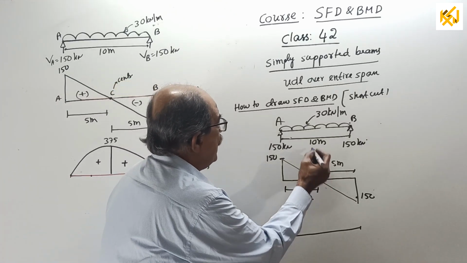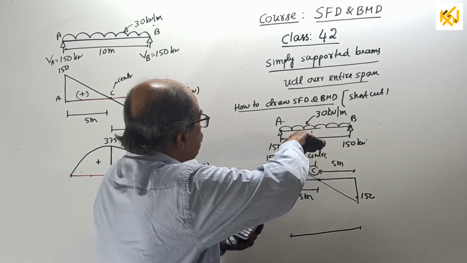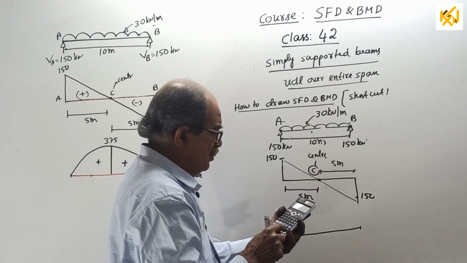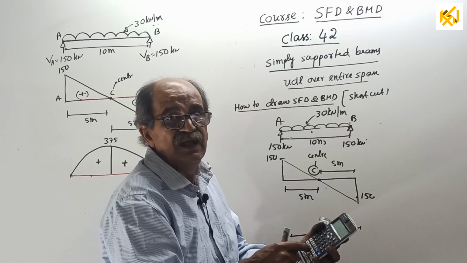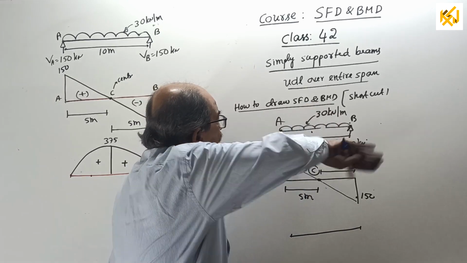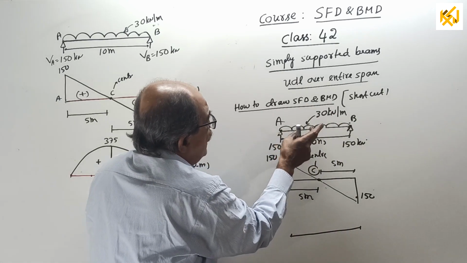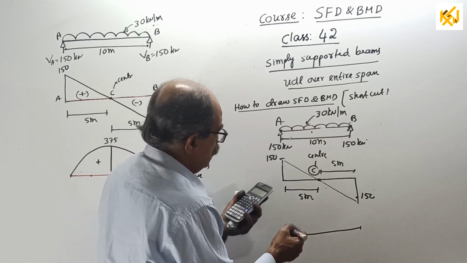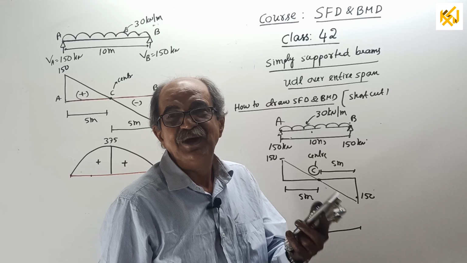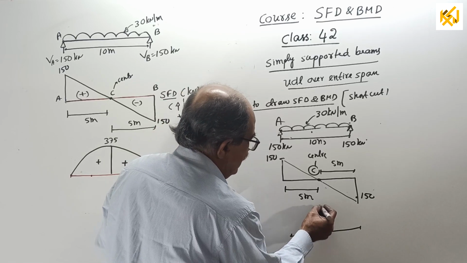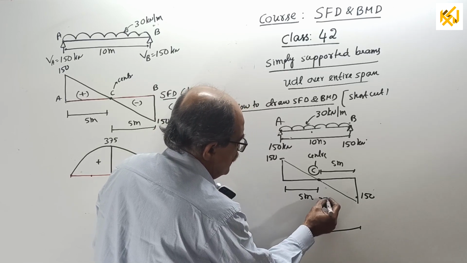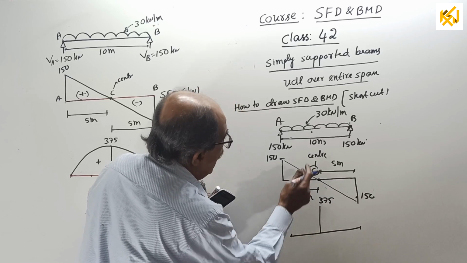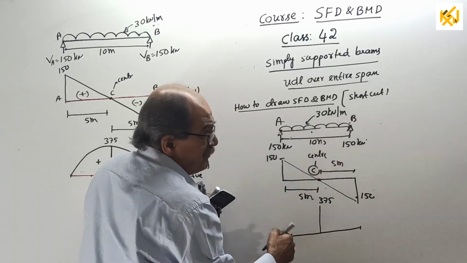See, BM at C equal to, look this side, plus 150 into 5, minus 30 into 5 into half of 5, equal to plus 375 kilonewton meter. Enter here, 375. And UDL is there, so parabola.